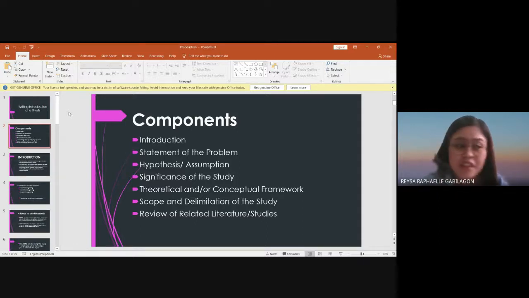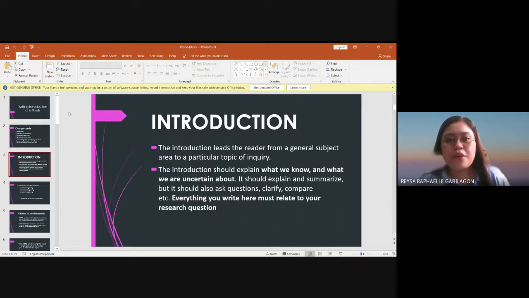So I've mentioned that last time also na in the IMRAD format, IMRAD is Introduction, Methodology, Results, and Discussion. We don't have the chapter 2 na solely for the review of related literatures only. Pero instead, this part is already incorporated in the introduction. So, if you're going to make your introduction, syempre this is where you introduce your research problem or your research topic.